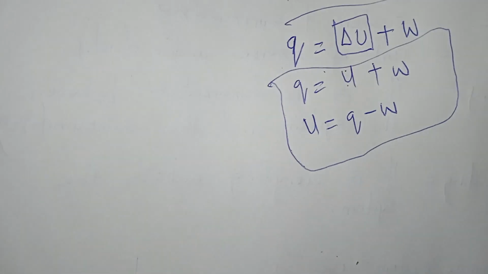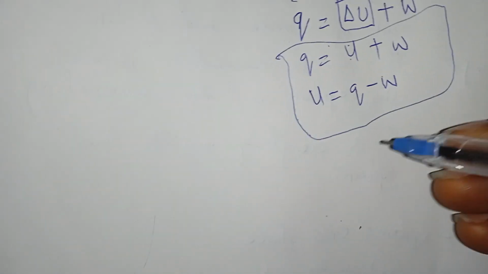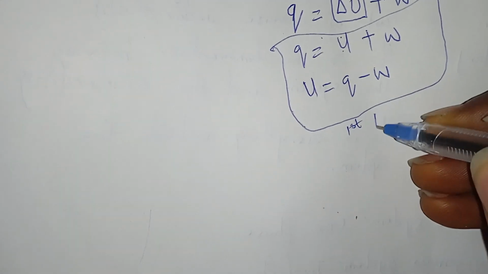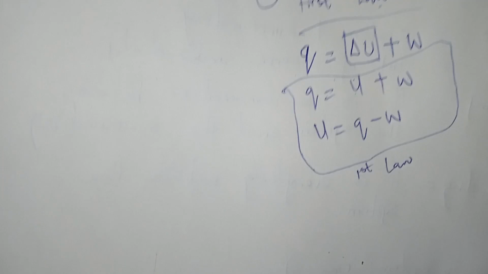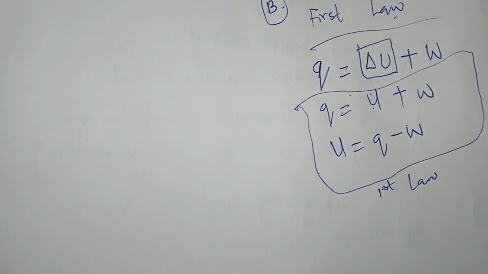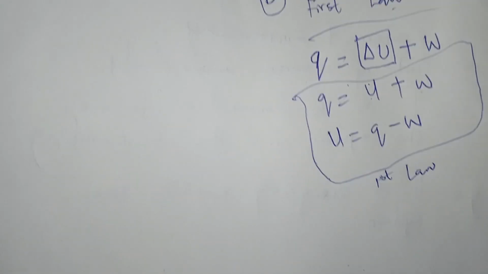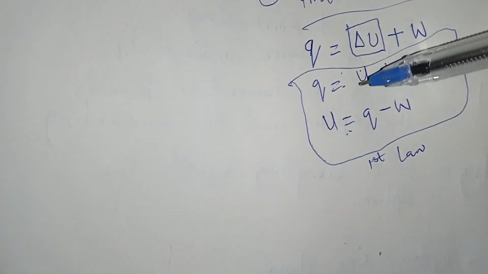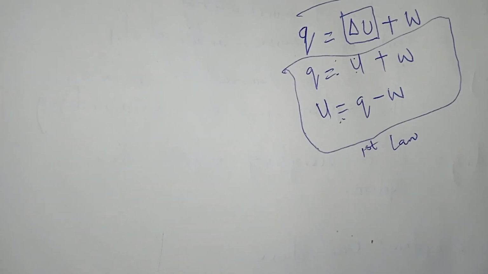So these are the two equations of the first law. This equation is the same thing as the other one, but it's just when you make internal energy the subject of the formula.